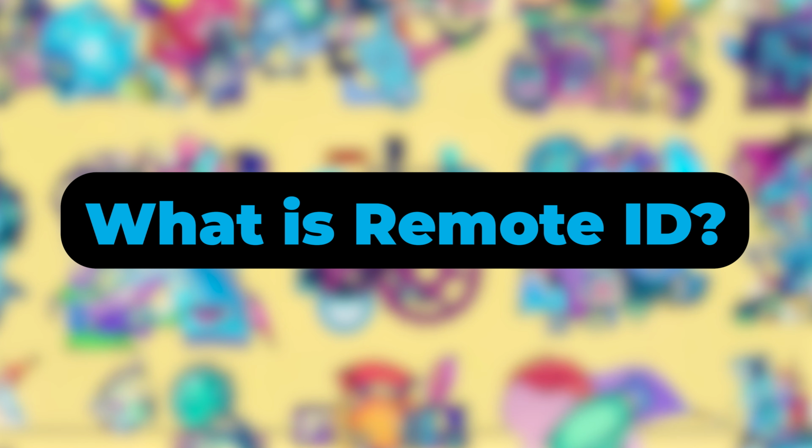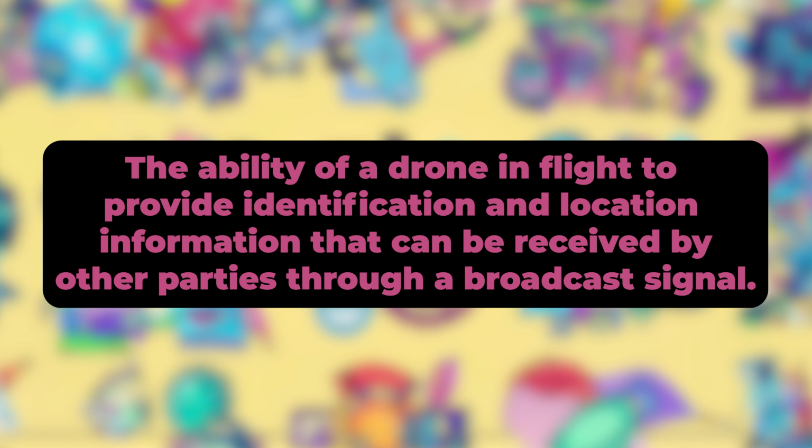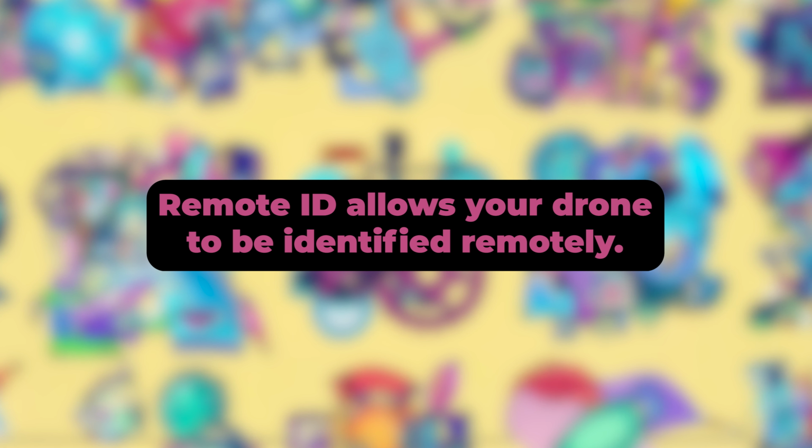First things first, what exactly is Remote ID? Well, according to the FAA, it's the ability of a drone in flight to provide identification and location information that can be received by other parties through a broadcast signal. In simpler terms, Remote ID allows your drone to be identified remotely.